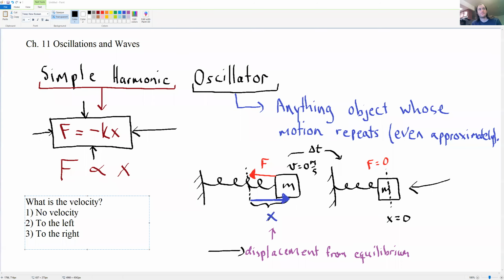Go ahead and reshare. Is that everybody? Check the rooms. All right, that's everybody. Okay, so everybody get ready to type your answer in chat again. 1, 2, or 3.